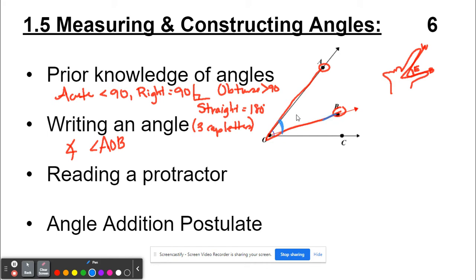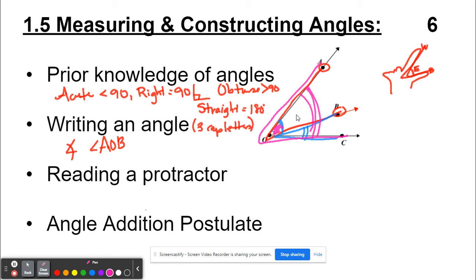And then if I come over here and say BOC, that's another measurement right there. And then I have this really big angle right here, AOC. So there are actually 3 angles here, and we need to be sure that we're telling someone which angle we're referring to. We're very clear, and that's why we use the 3 letters.